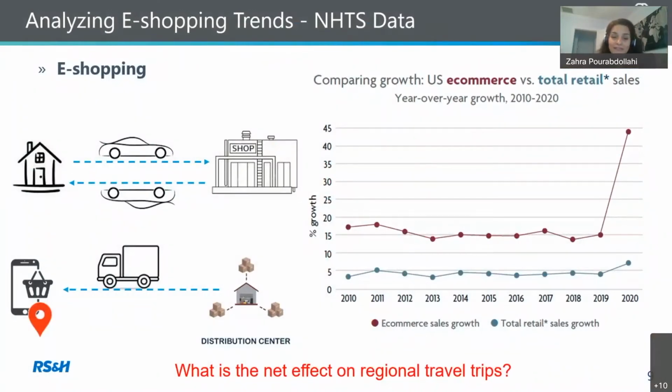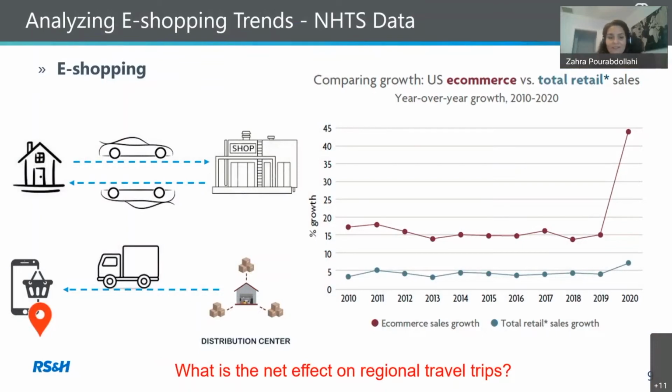In this application, we're going to look at online shopping, also referred to as e-shopping or sometimes e-commerce in the United States, and explore the factors that affect the frequency of online shopping.